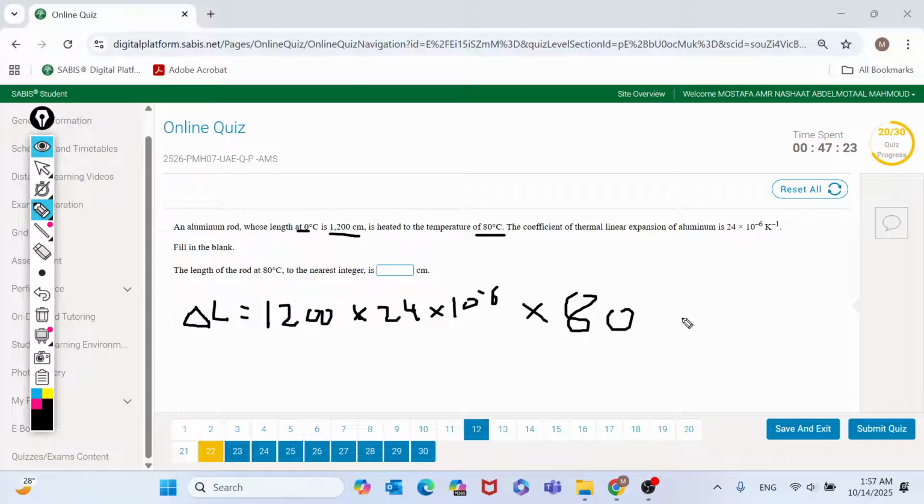You do that, you're going to get delta L equals 2.304. Because they want the length at the end, they want L final. 2.304 is equal to L final minus the length initial. Length initial is just 1,200, it's given.